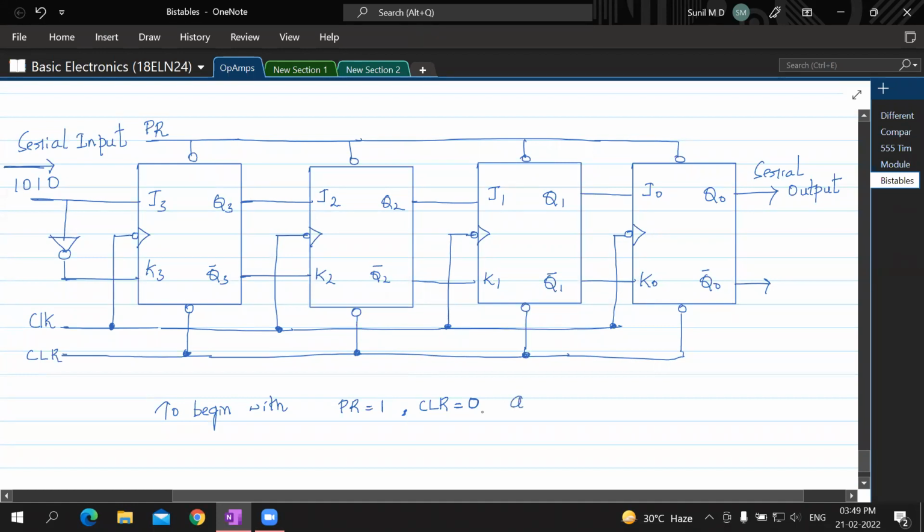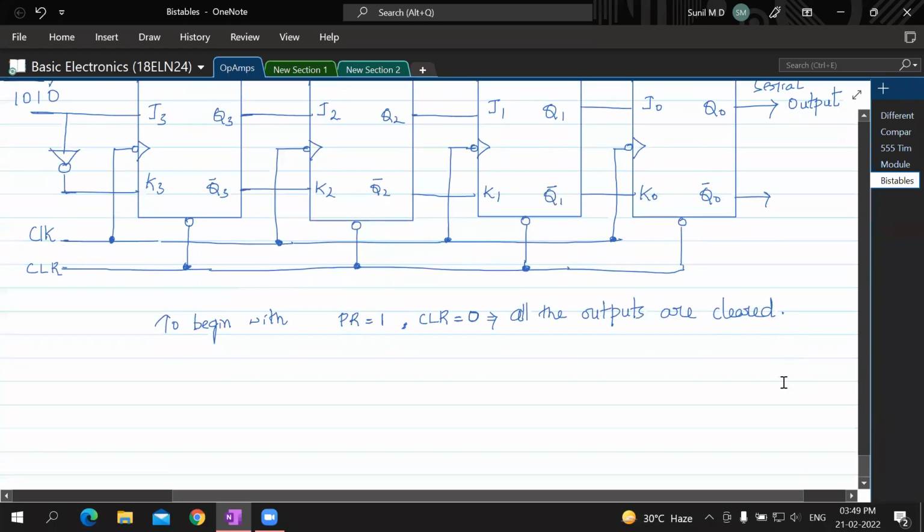All the outputs are cleared. What does that mean? Which are the outputs? Q3, Q2, Q1, Q0 all have become 0, 0, 0, 0 to begin with.